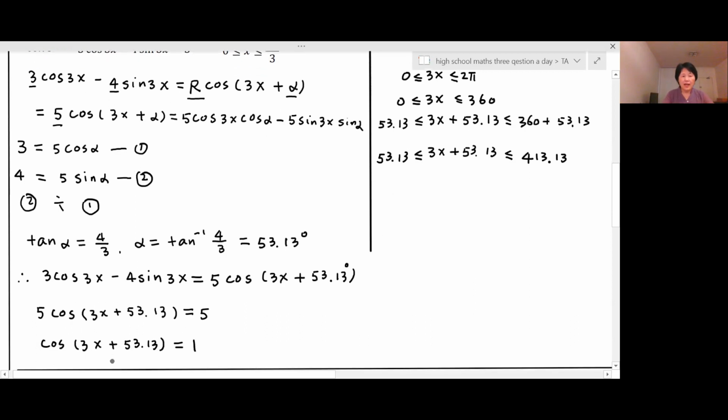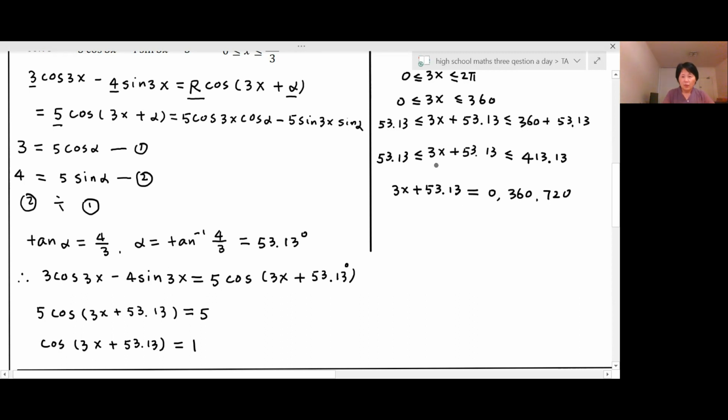So we got cosine of (3x plus 53.13) equal to 1. Cosine of which angle gives you 1? It must be equal to 0 degrees, then 360, or 720, there are more here.